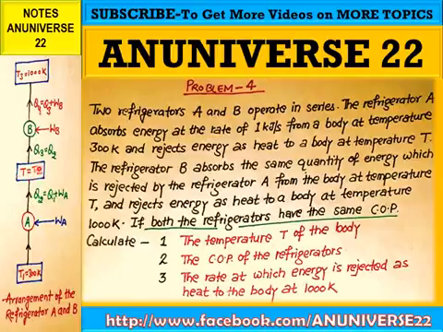Now this Q2 becomes equal to Q3, and this Q3 is extracted at this temperature by refrigerator B by doing work WB, and Q4 is the heat rejected at this temperature. In the third step we need to find out this Q4. Firstly, we try to calculate the value of capital T of the body.